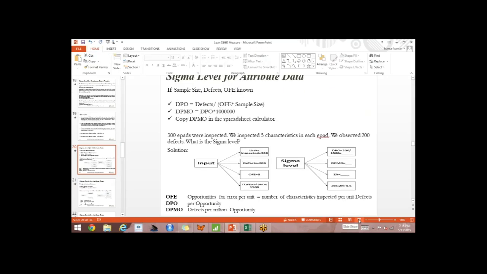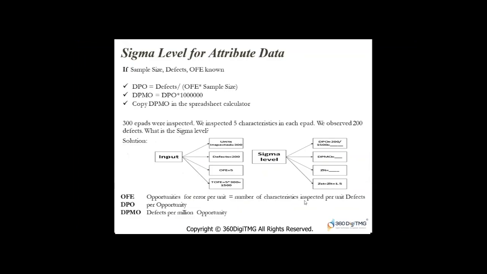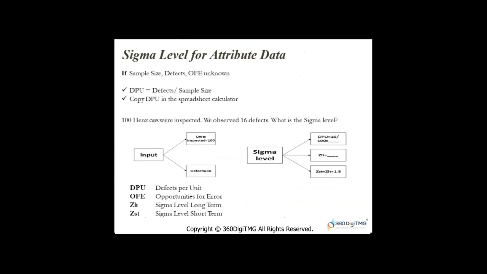Okay, back to a presentation, back to scenario 2. Here it is. If the sample size is given to you, if the defects are given to you, and if opportunities for error is unknown, how do you calculate?